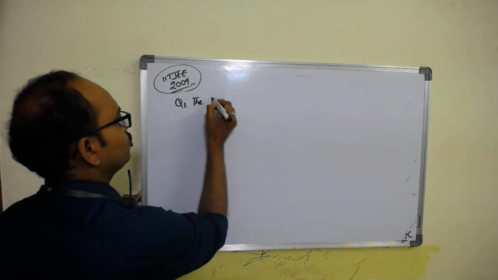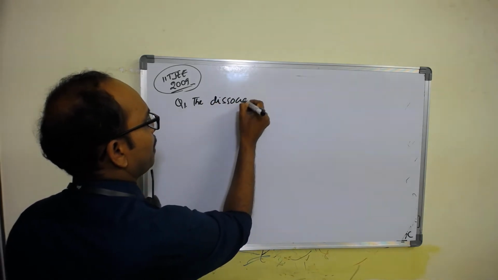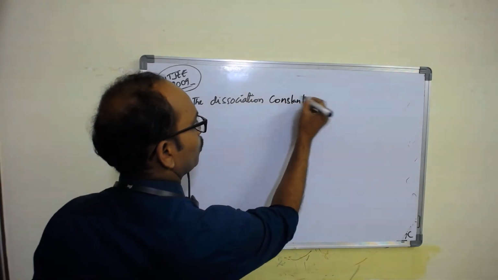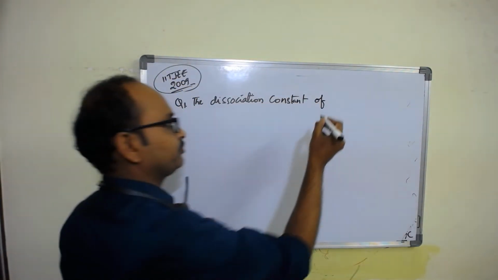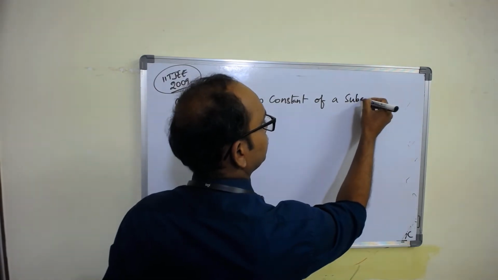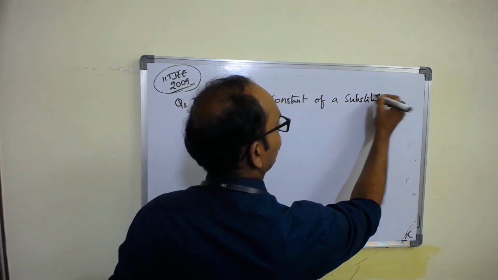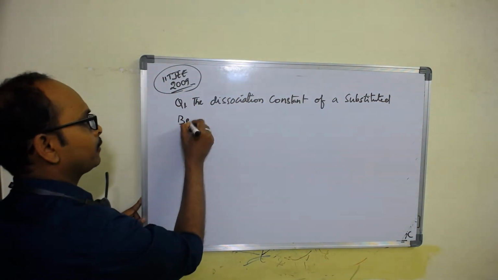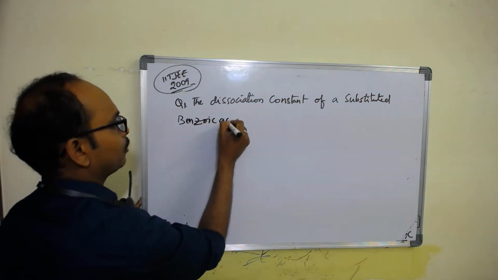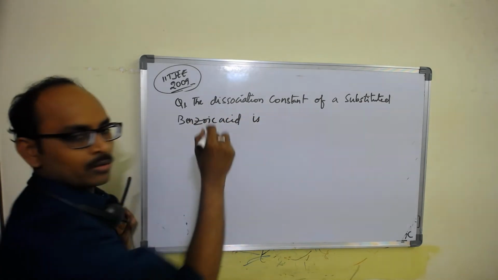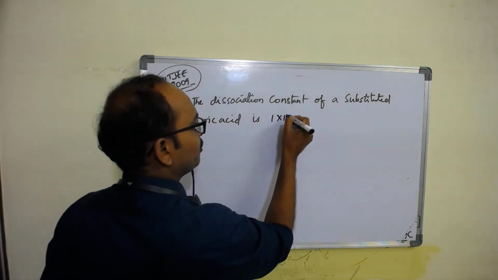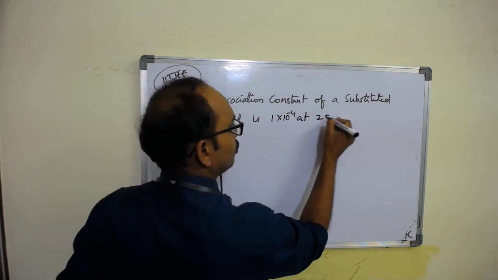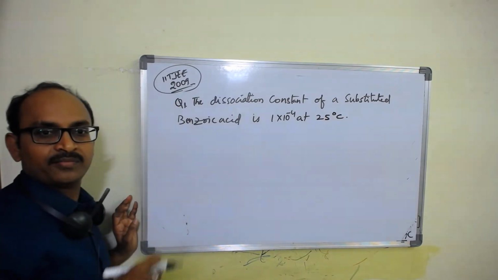So the dissociation constant of a substituted benzoic acid is 1 into 10 power minus 4 at 25 degrees Celsius.